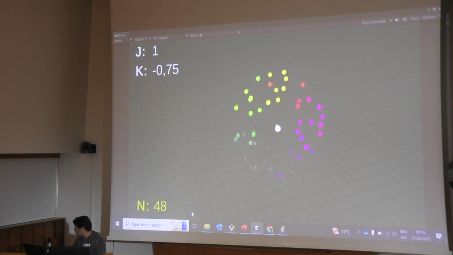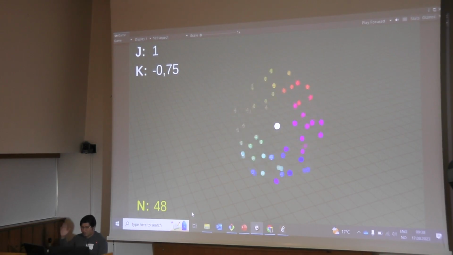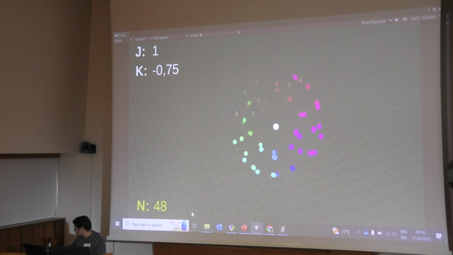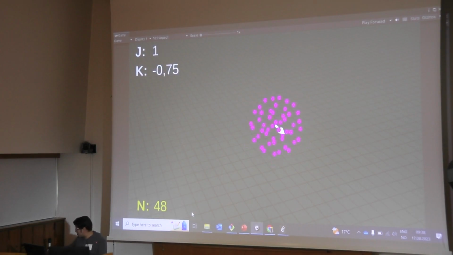But what if we use the hits pattern? So if everything is synchronized, as you can see, it's like everything is in sync. And then I can change this.